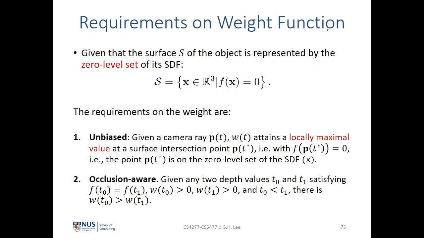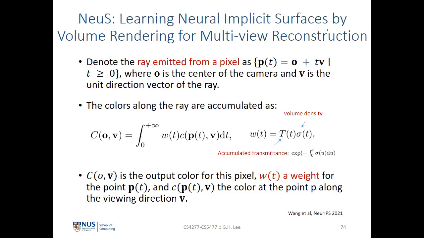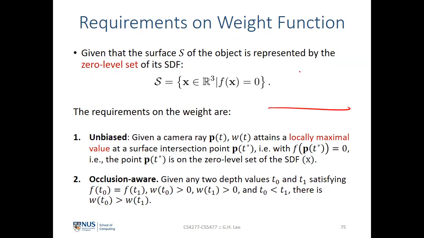That means that when the weight peaks, given a certain distribution of the weight, that must correspond to your signed distance value. This t star here corresponds to your signed distance value of 0, on the surface, and that is where the weight must peak.